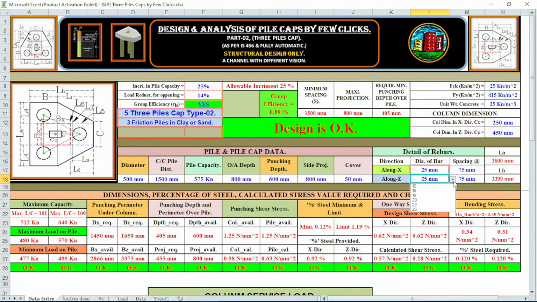It will be 16 and 200. Okay. So we can also change this value to 500.